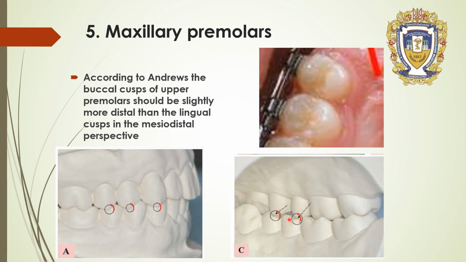And in that case, as shown in the intraoral view, the palatal cusps of the upper premolars will sit in the grooves of lower premolars, and this kind of tooth position will be correct.